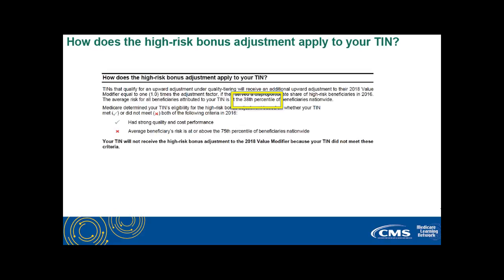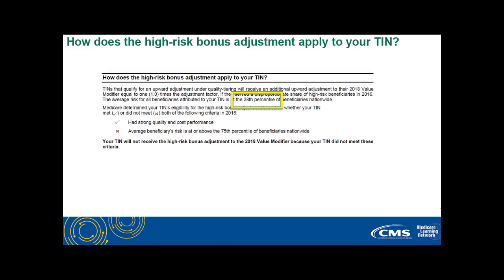However, their beneficiary risk was at the 38th percentile of others in the nation, which means that according to Medicare, the providers in this particular tax ID number were taking care of a cohort of patients who were statistically less sick than the mean across the nation. And this has implications with respect to risk stratification.